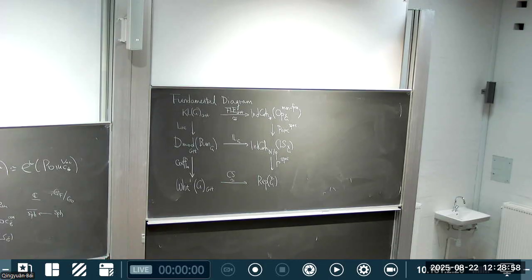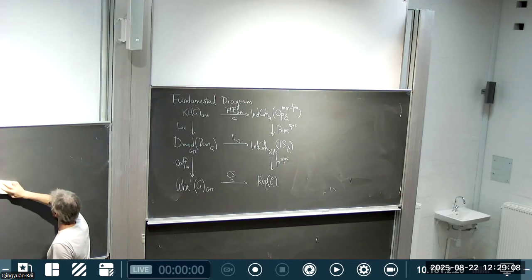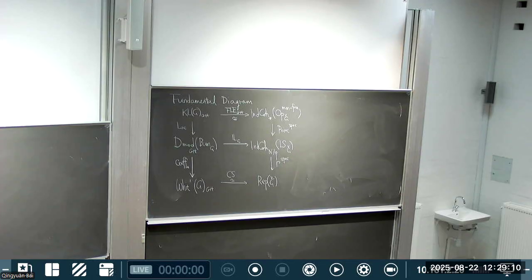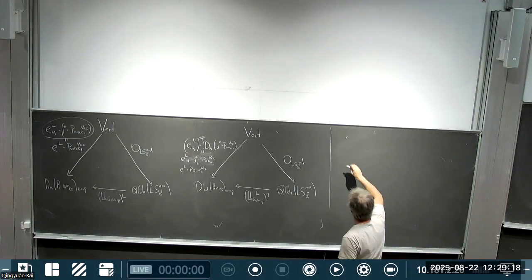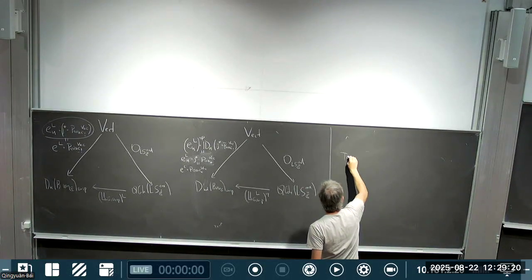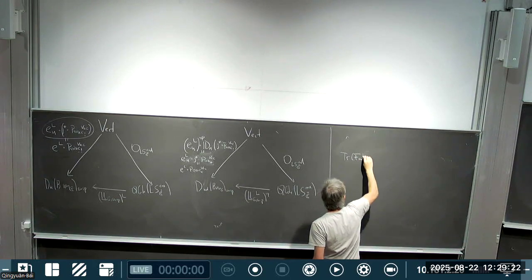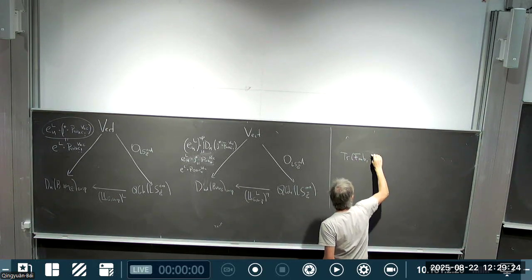So it's a kind of follow-up to GLC, but maybe it belongs rather to this afternoon. So this story implies GLC over function fields with elliptic sheaves, and what you prove there is the trace of the Frobenius on sheaves.